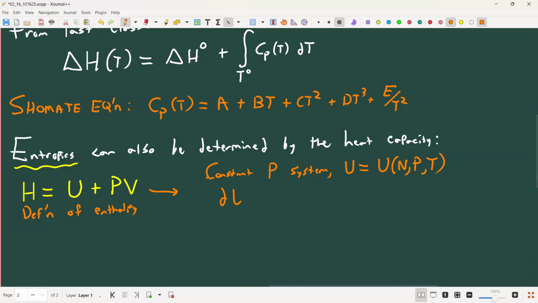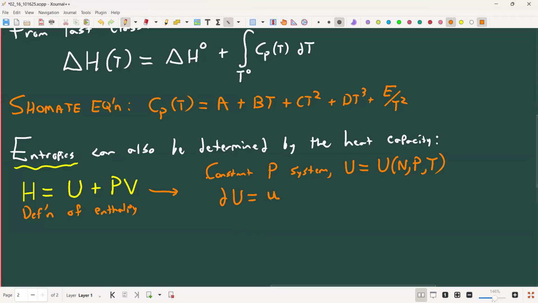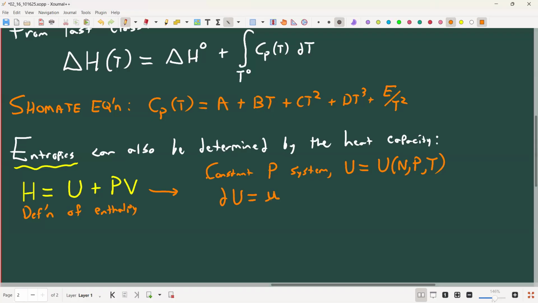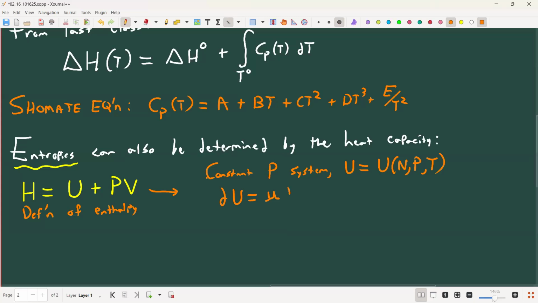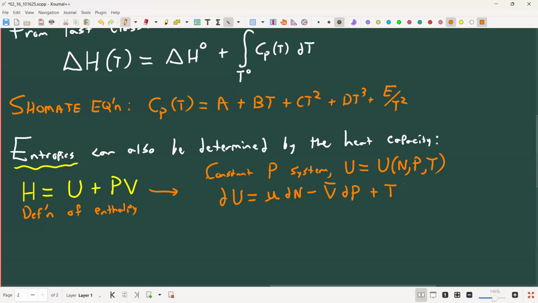And so dU, this is what we derived before, is just the Gibbs fundamental equation of thermodynamics: dN minus V dP plus S dT.